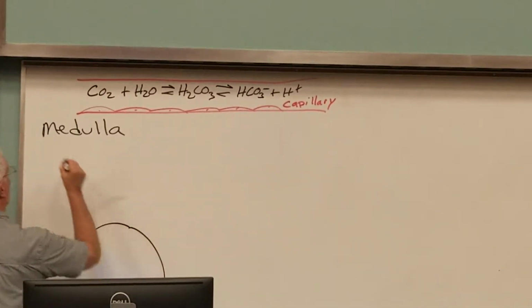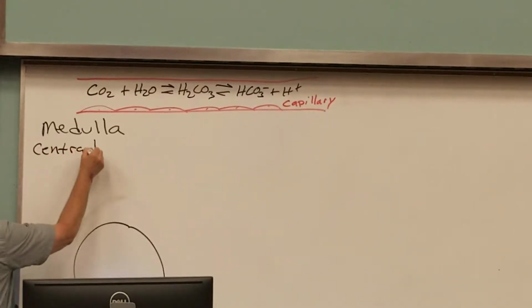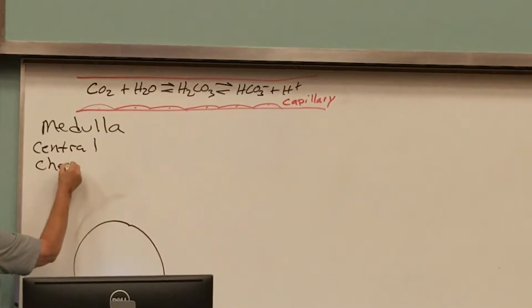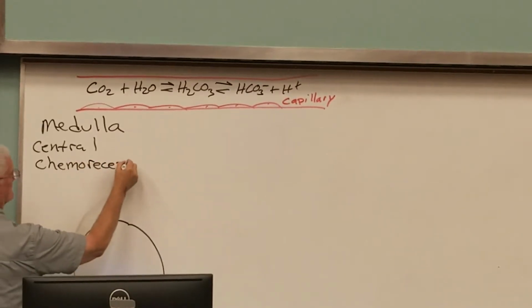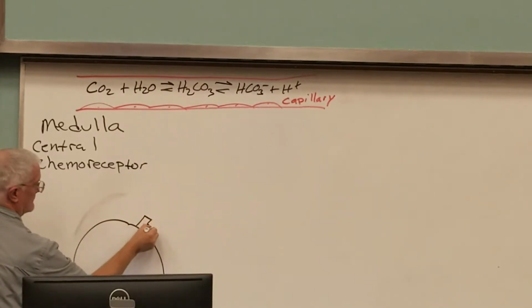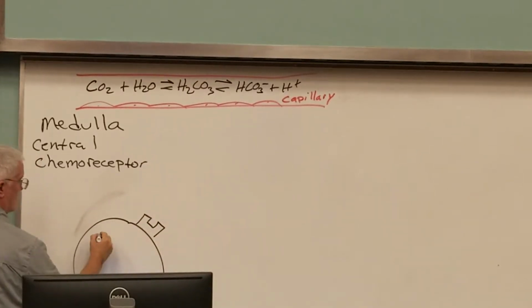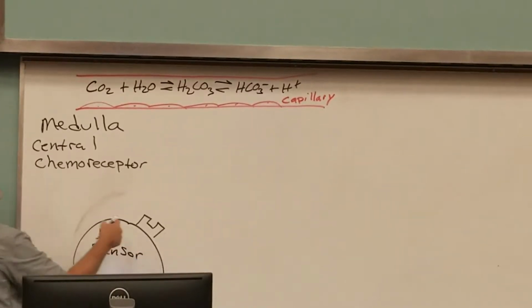This will be your central chemoreceptor. Going to put a receptor for hydrogen ions, and we're going to put the name hydrogen ion sensor inside of this. And it senses hydrogen ions.